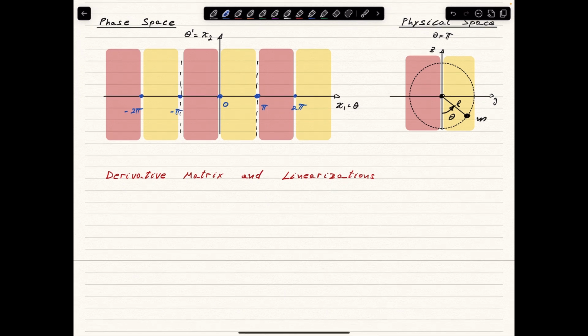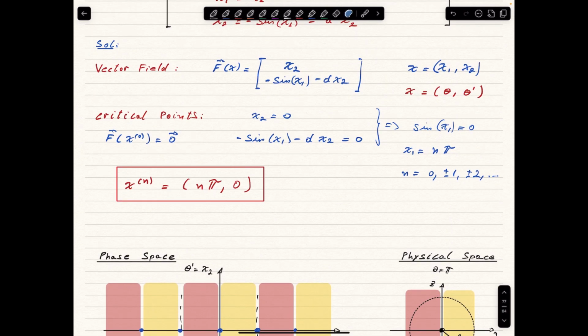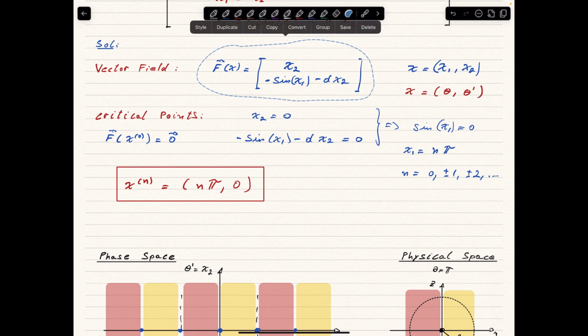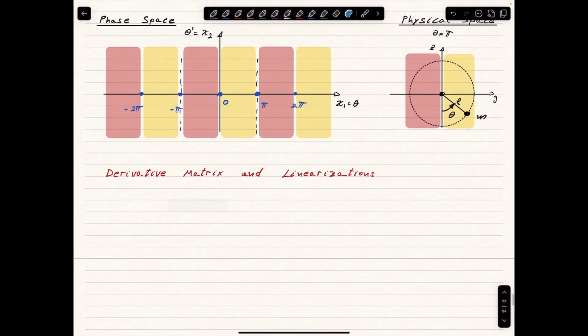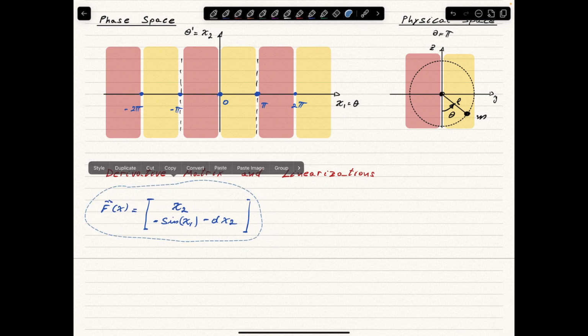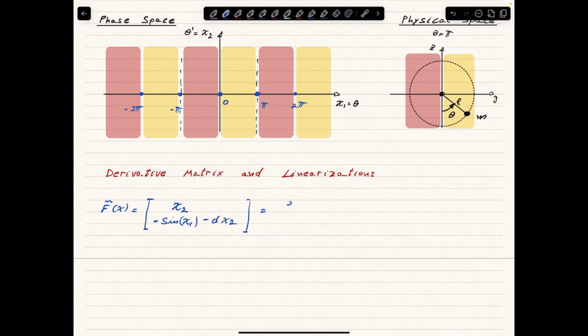Recall the vector field is given by that expression, and we usually write that vector field as f1, f2, and with that notation we introduce the derivative matrix, a function of the point, of course, which is the derivative with respect to x1 of f1, derivative with respect to x2 of the same f1, then derivative with respect to x1 of f2, and derivative with respect to x2 of f2.